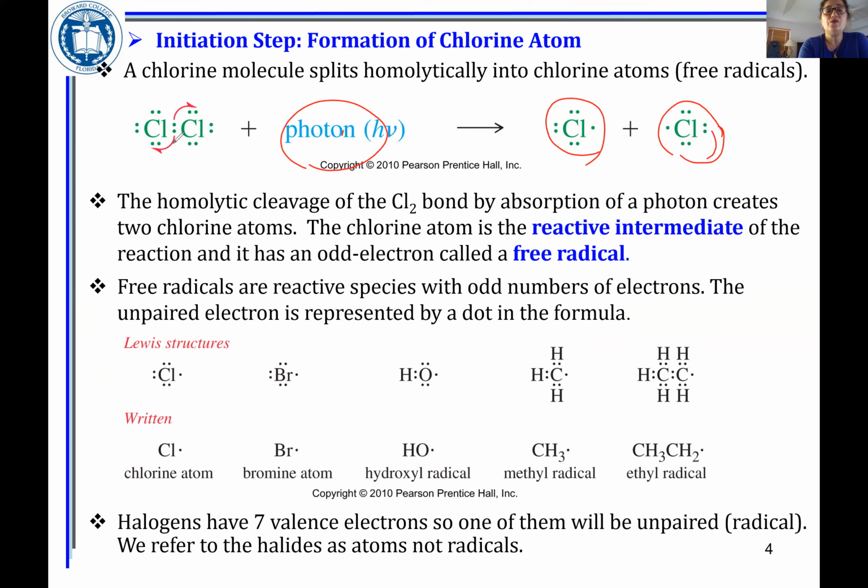You start with no free radical. That's how you recognize an initiation step. You start with no free radical and end up with two free radicals. That's initiation, starting the reaction.